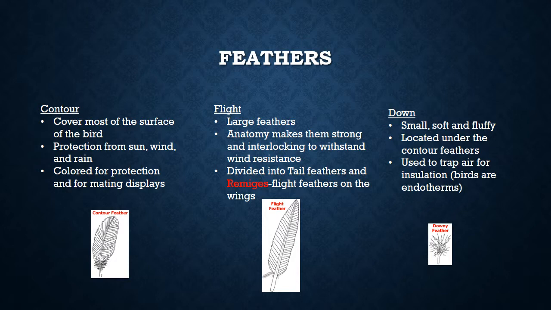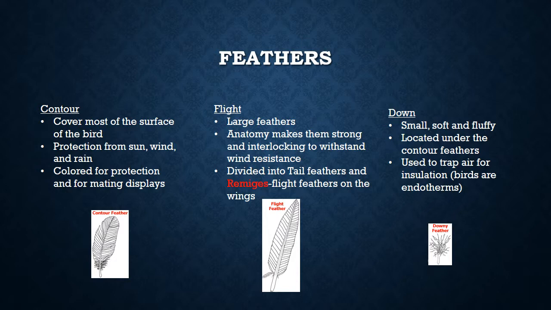Then our flight feathers are exactly that. They are what allows for birds to fly. They're very large, and they're strong and interlock with each other to allow for wind resistance. They're divided into tail feathers and remiges, which are the flight feathers on the wings. And then there are the down feathers. And most of you know what down is.